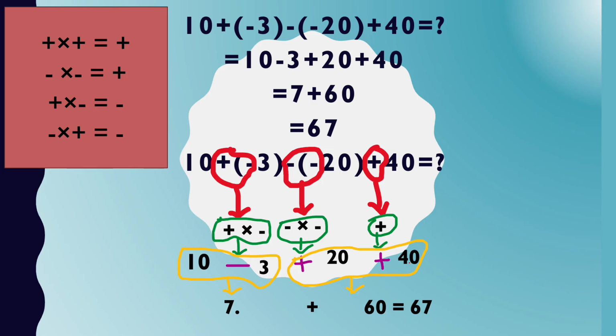The first one is 10 minus 3, the second one is 20 plus 40. What is the answer for 10 minus 3? 7. Then I put the same sign here, plus 20 plus 40, 60. Now you can see there is a really simple answer. Anybody can solve this one. 60 plus 7 equals 67.